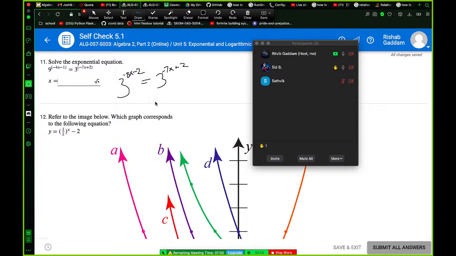And then you can just solve that. Then take away the negative 2, and then you give a positive 2, so that gives you negative 8x equals negative 7x plus 4. And then negative 7 and positive 7. Okay, so that'd give you x equals 4, basically. Yeah, negative 4.